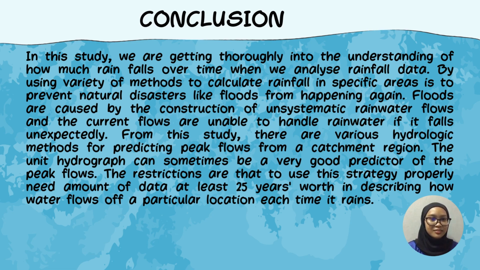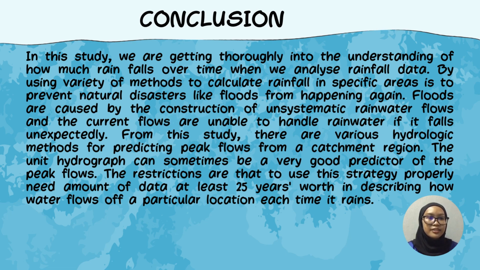For the conclusion, in this study, we are getting thoroughly into the understanding of how much rain falls over time when we analyze rainfall data. Using a variety of methods to calculate rainfall in specific areas helps to prevent natural disasters like floods from happening again. Floods are caused by the construction of unsystematic rainwater flows, and the current flows are unable to handle rainwater if it falls unexpectedly.